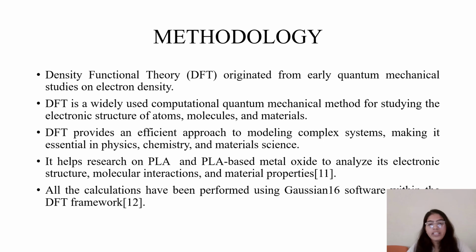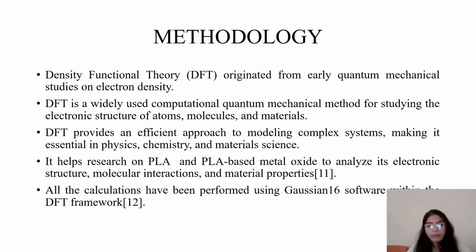In this study, we used density functional theory, a powerful quantum mechanical approach to analyze molecular systems. All calculations were performed using Gaussian 16 software. We optimized the geometry of PLA, PLA-ZnO, and PLA-MgO using the B3LYP functional and LANL2DZ basis set.